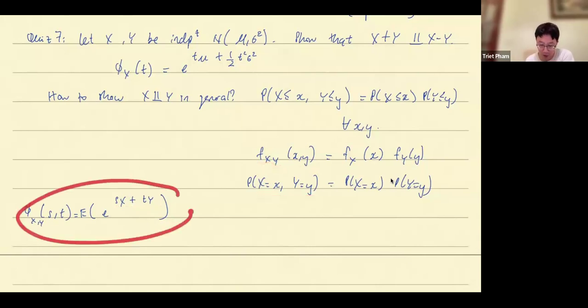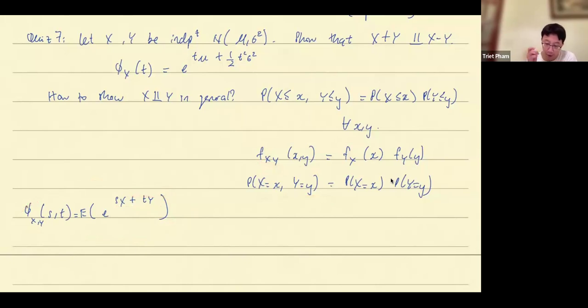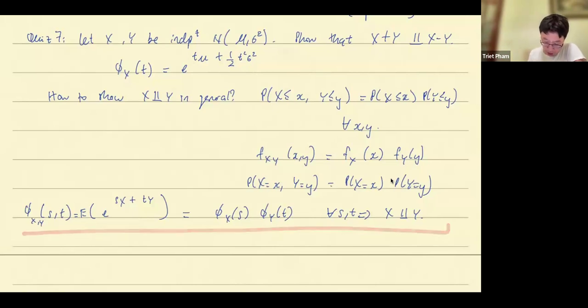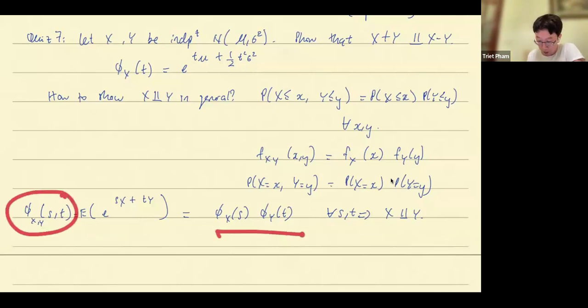If this splits for any s and t, then the random variables are independent. What I was saying before is too weak, and it has to do with the sum. Sorry about that. It's not going to work. It's this requirement: if the joint moment generating function splits, then they will be independent.